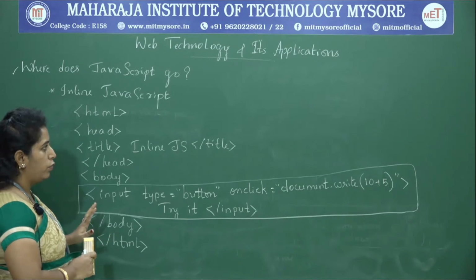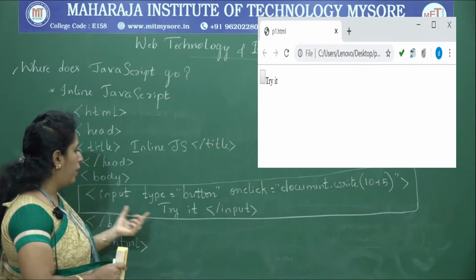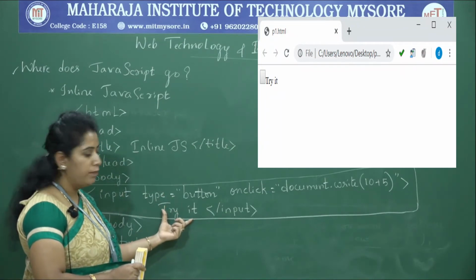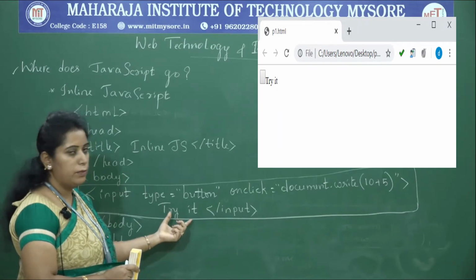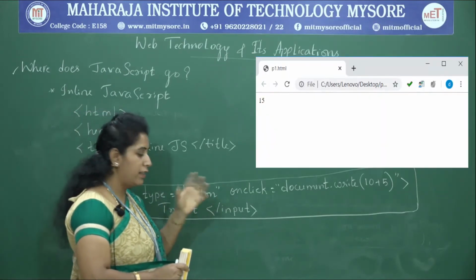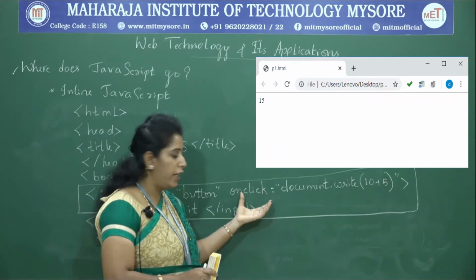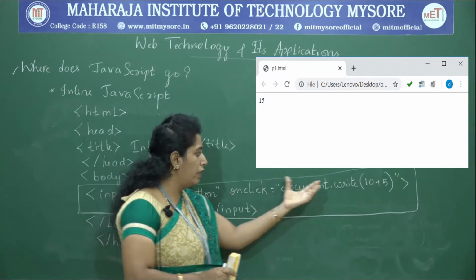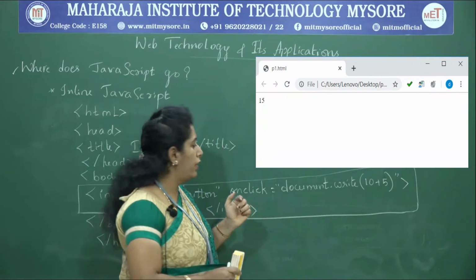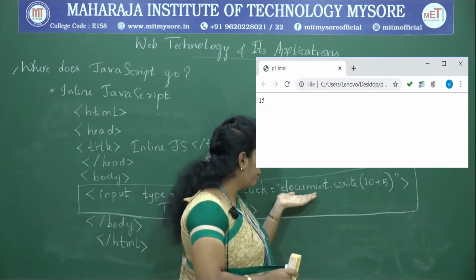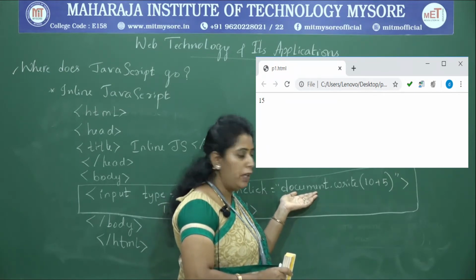So when you run this program, you can look into the output where in an input type I have given a message try it. When I click on the try it button, it is performing the onclick operation. For onclick what have I assigned? Document.write, which is going to print on the screen, the HTML output.